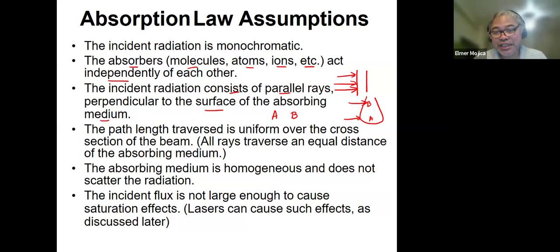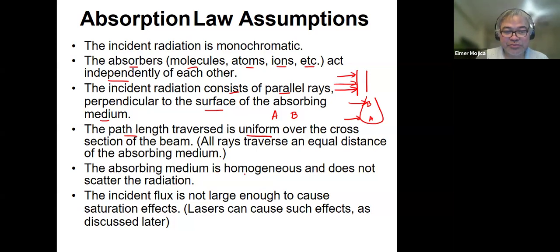Yung dumadaan sa A o doon sa B? Okay? So usually the A has a higher absorbance because of the path length. May effect yung path length. Kaya dapat uniform over the cross section.